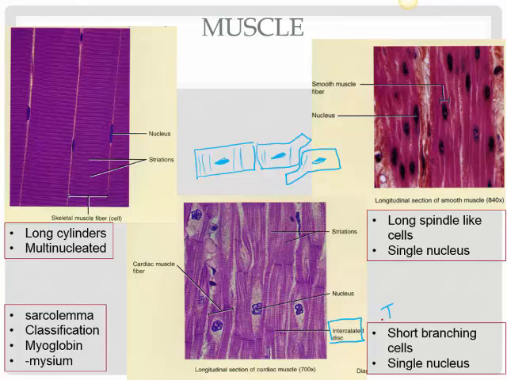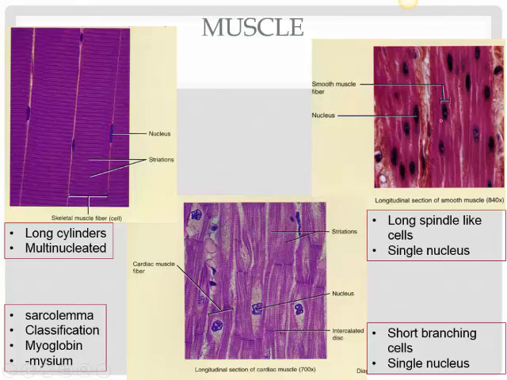So this cardiac muscle shows intercalated discs. Only in cardiac, yes. This area is where the intercalated disc would be. Only in cardiac muscle, yes. So that's why it's very important to look at these slides carefully. Notice up here you don't see that, but notice intercalated disc is only mentioned in cardiac muscle.